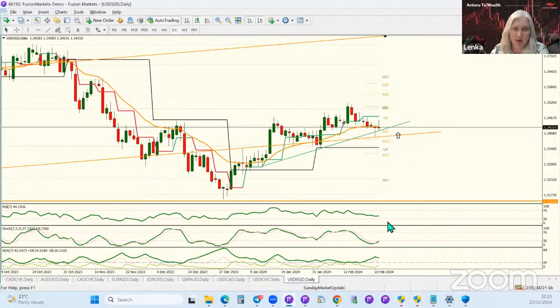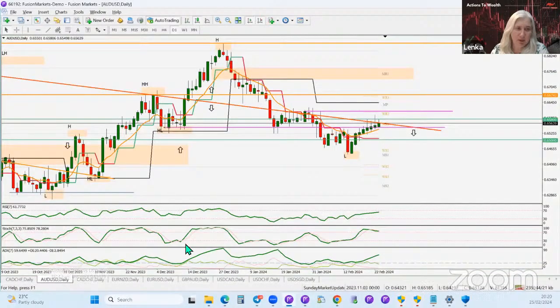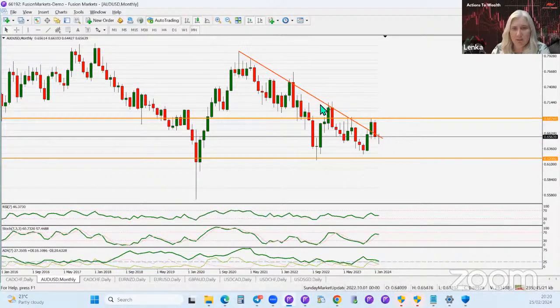What else do I have? Yeah, and AUD/USD is negatively correlated with the other US pairs. So this one, I'm bearish on the Aussie US.